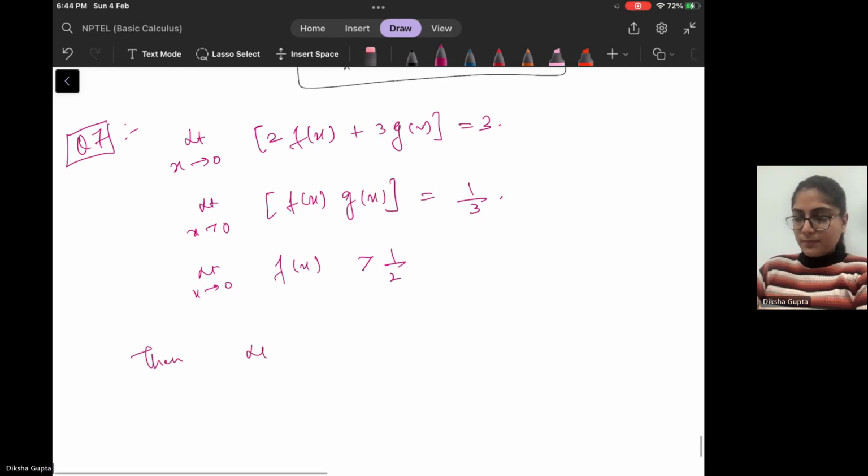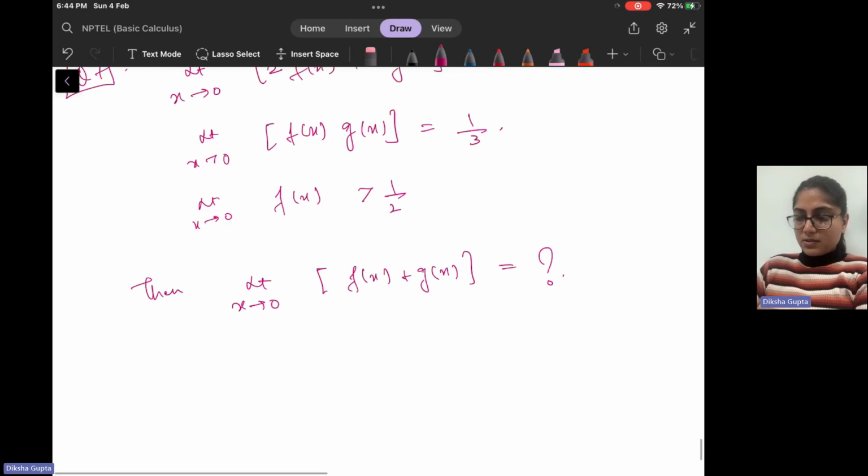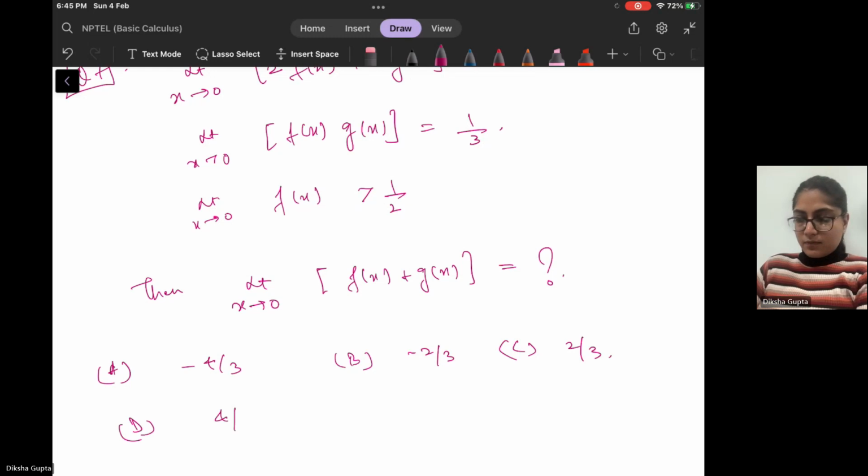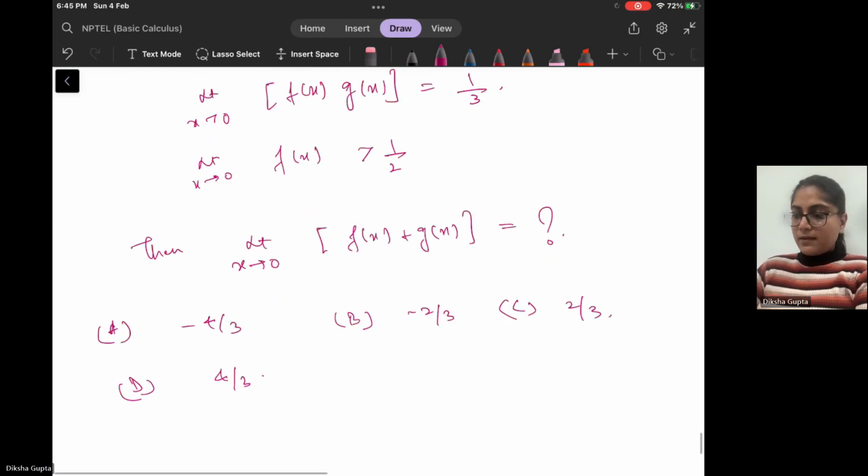Then limit x tending to 0 of f(x) plus g(x) is what? Your options are minus 4 by 3, minus 2 by 3, 2 by 3, and D 4 by 3.